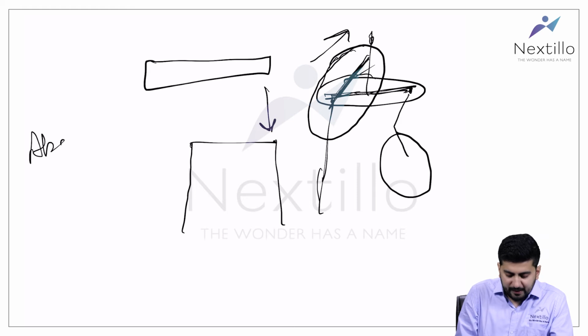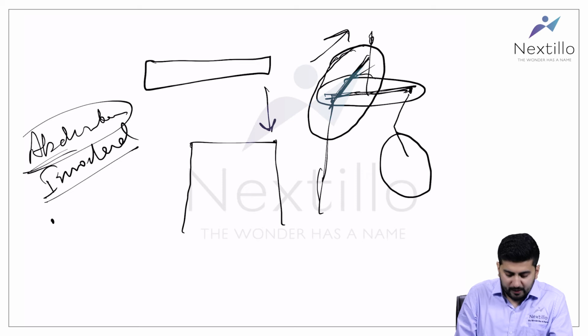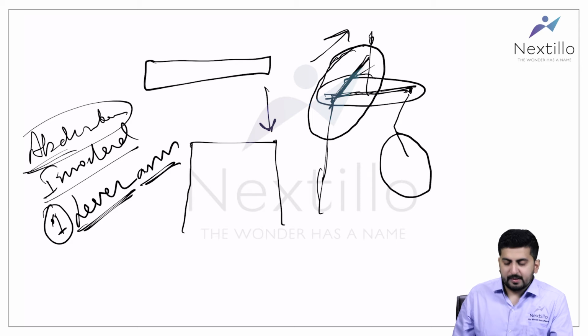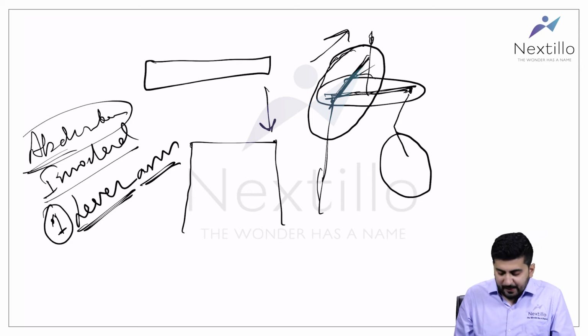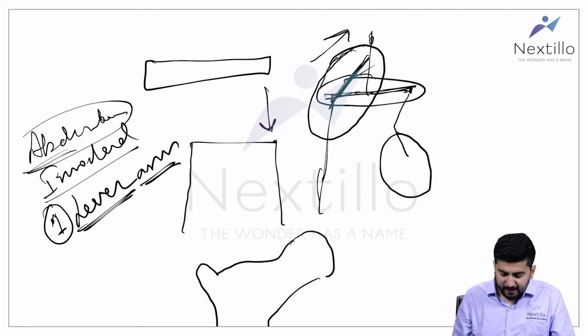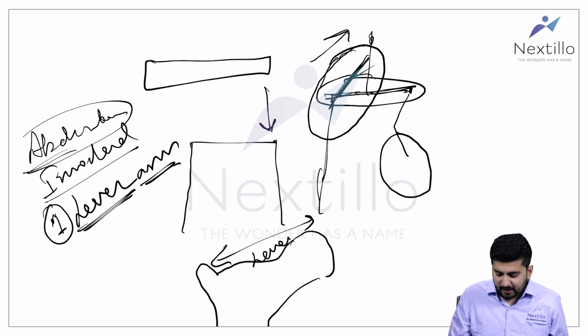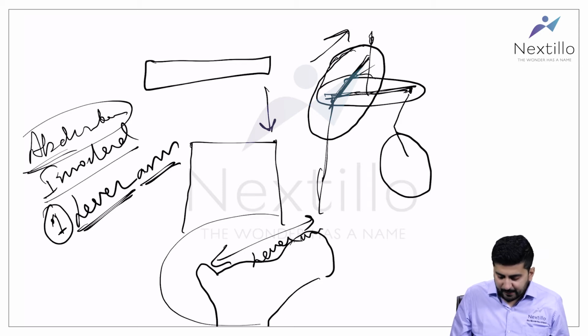Now, the abductor mechanism can be involved either due to one, the defect in lever arm, the lever arm of the abductor mechanism being the femoral head, the femoral neck up to the greater trochanter. So this is the lever arm of the abductor mechanism.